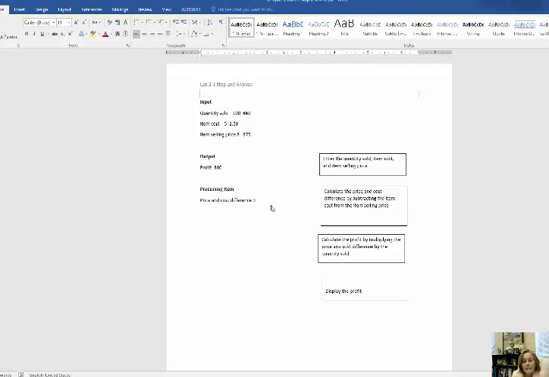And following this chain of events again, we've entered those 3 things. Now we're going to calculate the price and cost difference, and we're going to say $3.75 minus the $2.50, which gives you $1.25 difference.